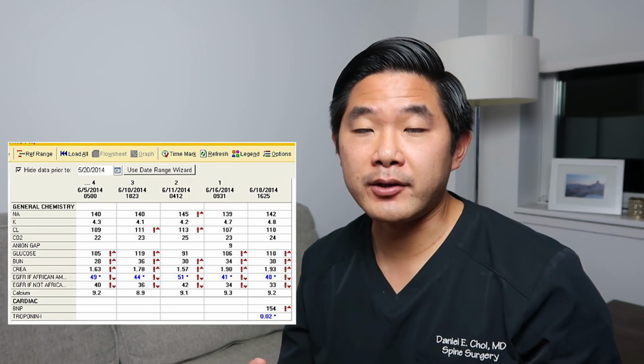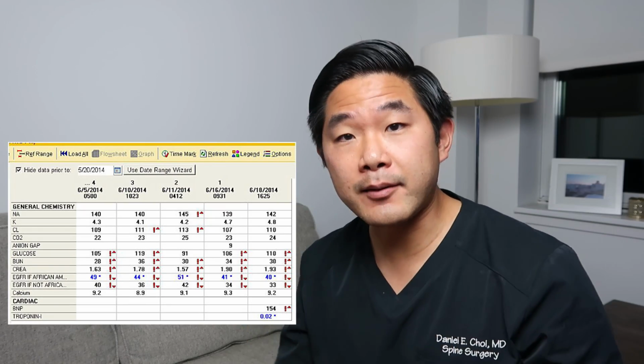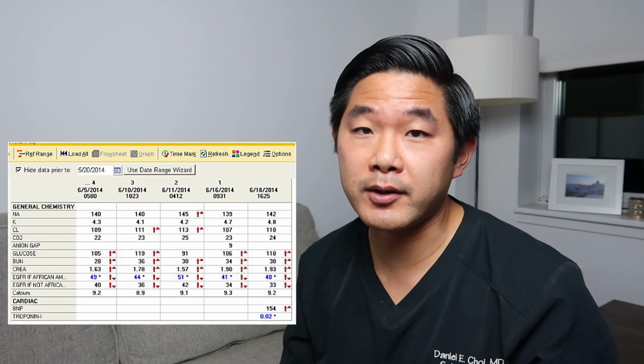And the third thing he orders is an ABG, which is an arterial blood gas, which determines things like the acidity in the blood, as well as oxygenation of the blood. And all of these lab values give the physician different data points to help them make a diagnosis for the patient.